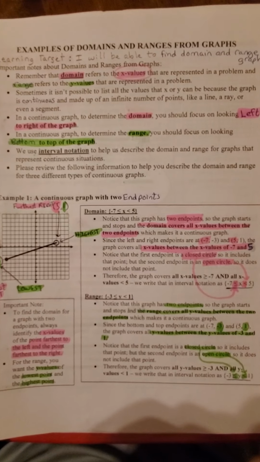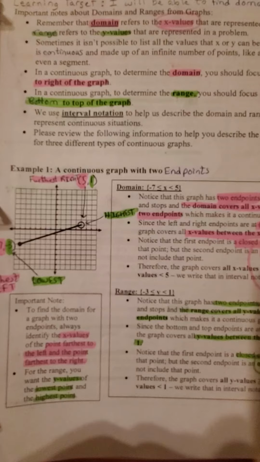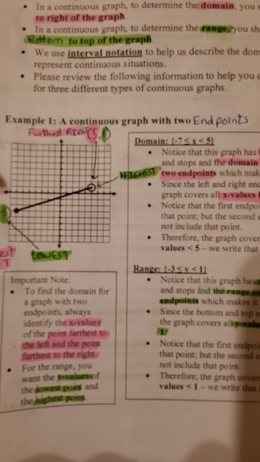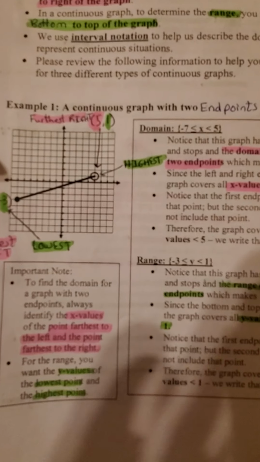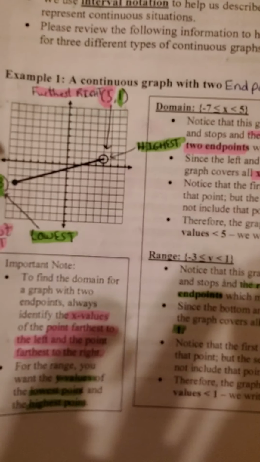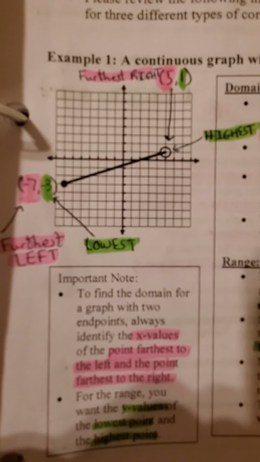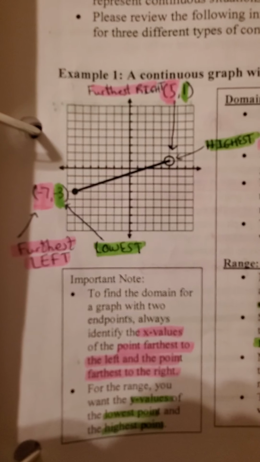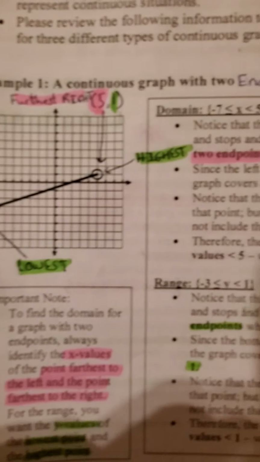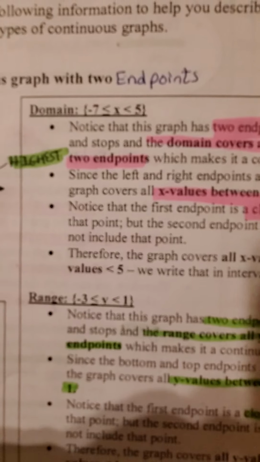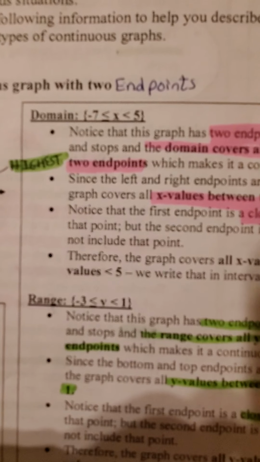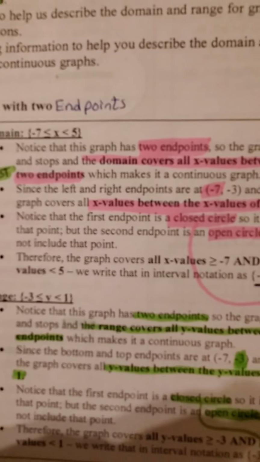So you're going to want to read over the information at the top, and we're going to jump down to the first example here. We're going to look at a situation where we've got a graph that has two endpoints, and we're looking at the domain and range. So, domain. Domain is the furthest to the left and the furthest to the right.